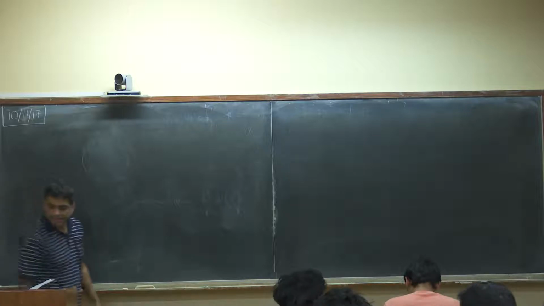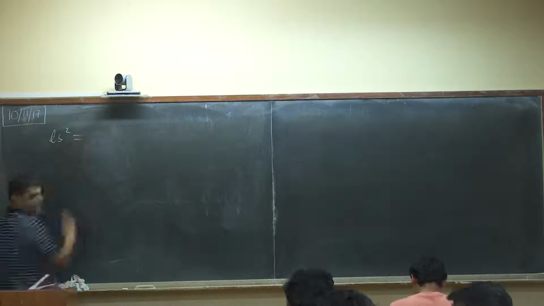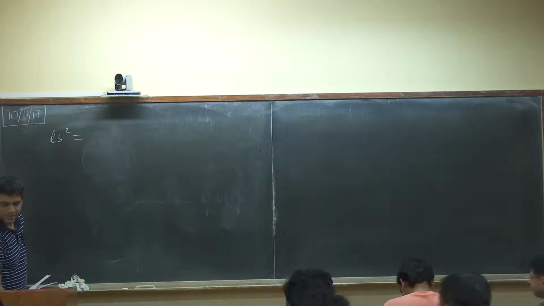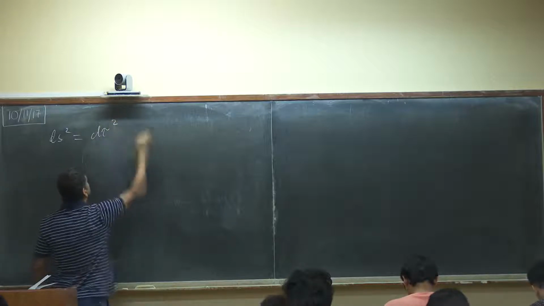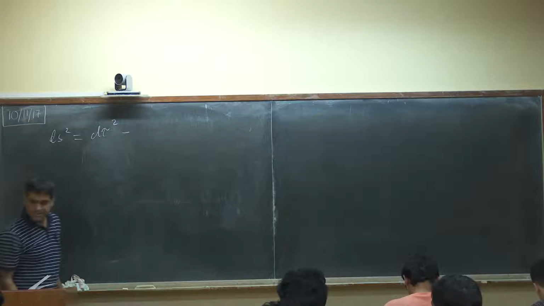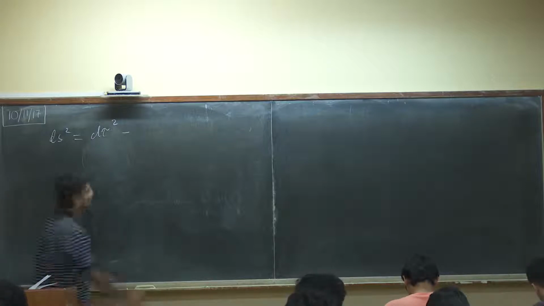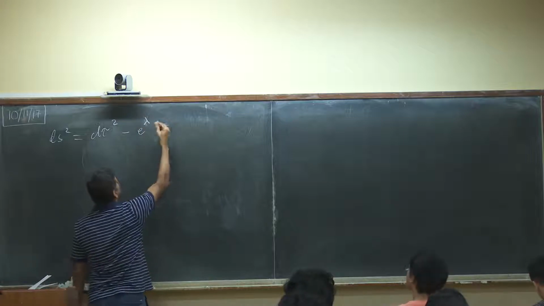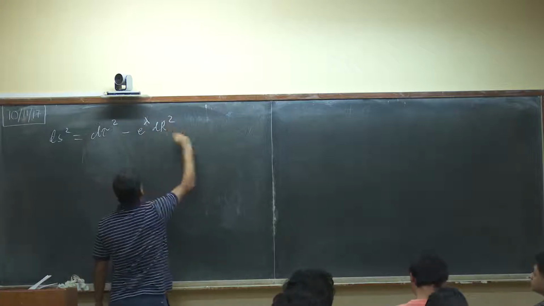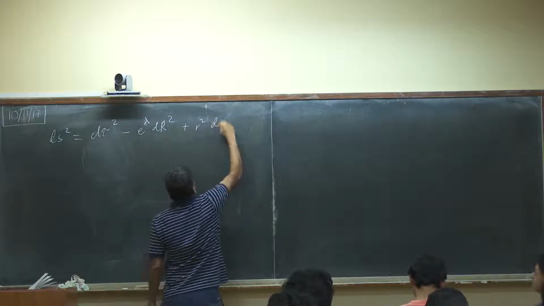So the metric we're interested in is ds squared equals d tau squared, this hasn't changed, minus e to the power lambda dR squared, plus r squared d omega 2 squared.